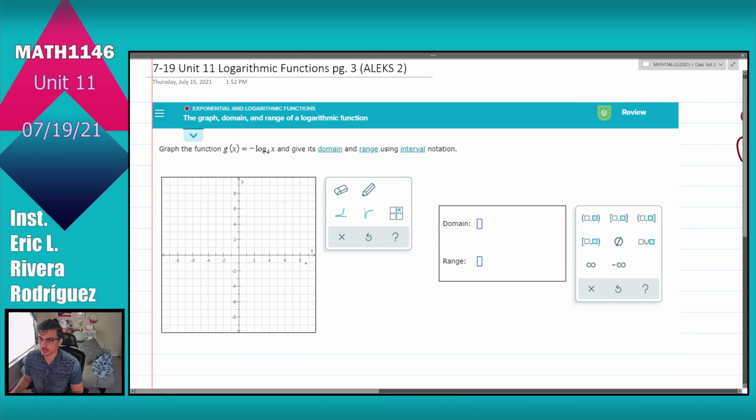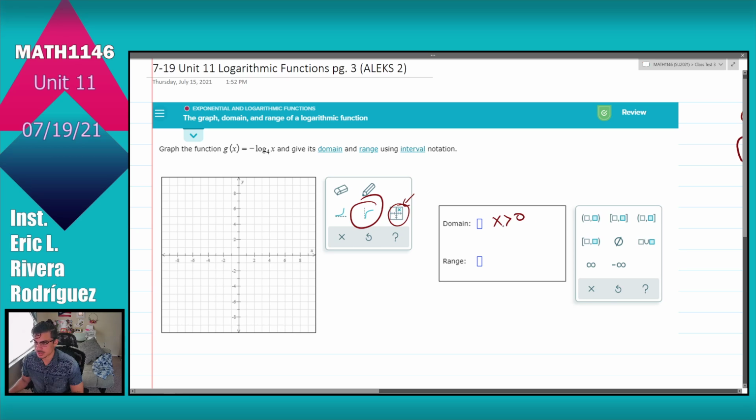So here we have a vertical asymptote. You will click here to set the vertical asymptote, and then you will plot the points using this tool here. For the domain, remember you take the argument greater than 0.